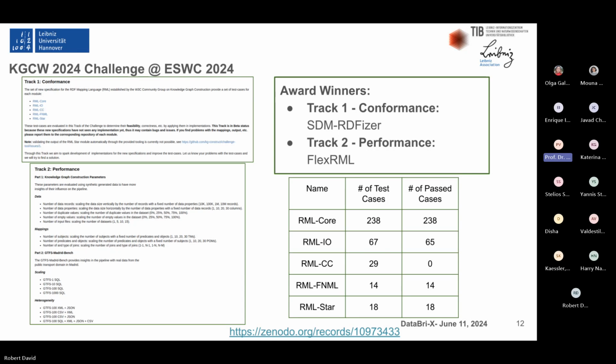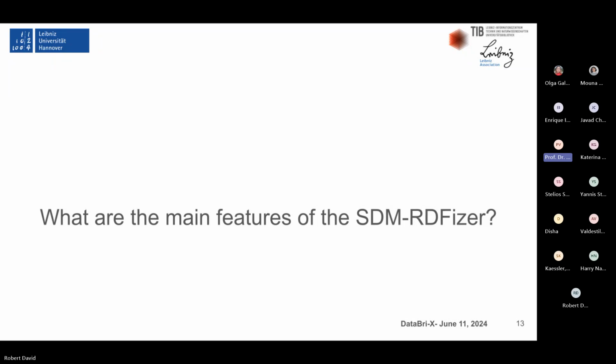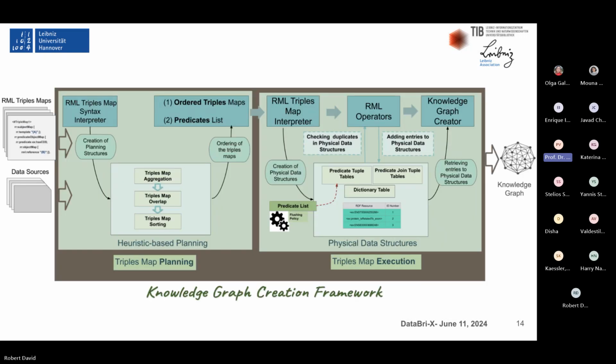So please go next. Then what happened with the SDM-RDFizer? The SDM-RDFizer is an engine that is competing in all these challenges and is winning this award. So go next. The key point behind the SDM-RDFizer is that we are implementing data management techniques. These techniques are able to transform RML triple maps and data sources in different formats into a knowledge graph. We have two stages.